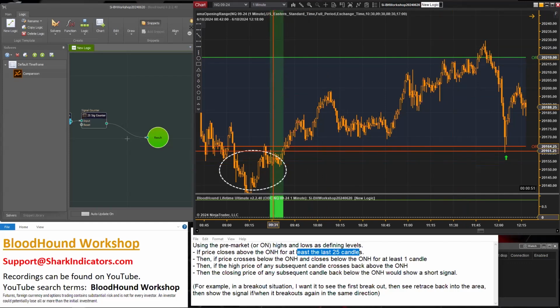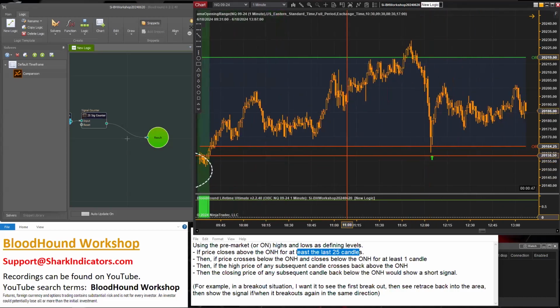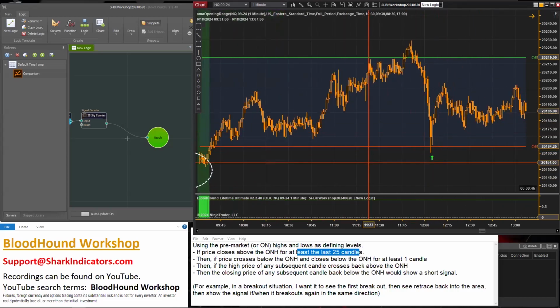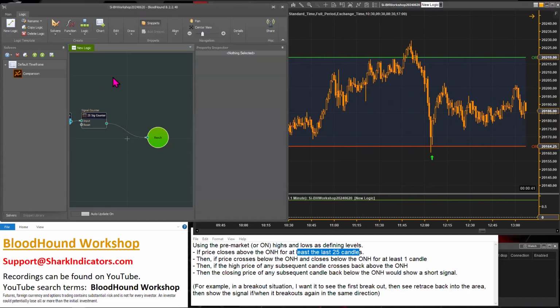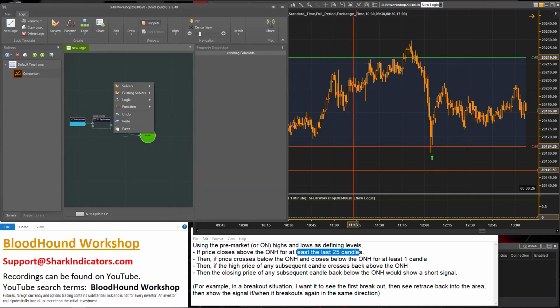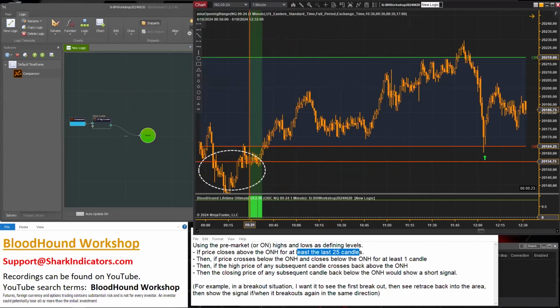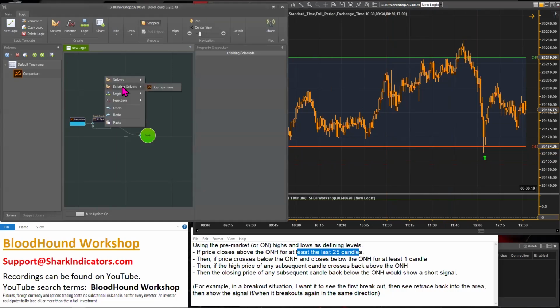Now we need to extend this signal forward in time until we get to the next breakout there. And let's see here. In this case, there's two ways we can do this. So when you need to take a signal and extend it forward in time, there's two ways you can do that.